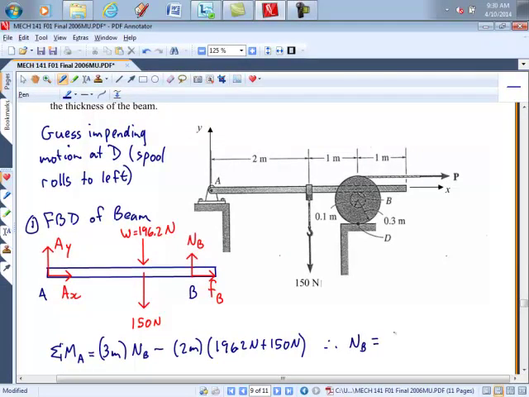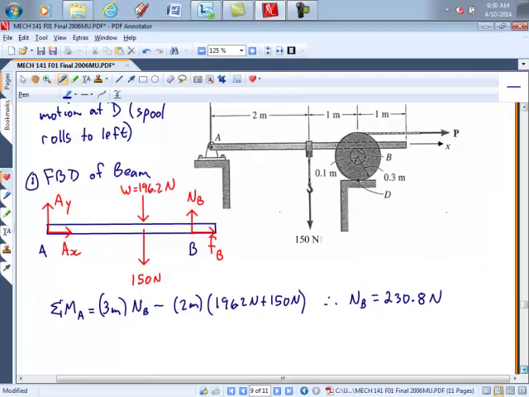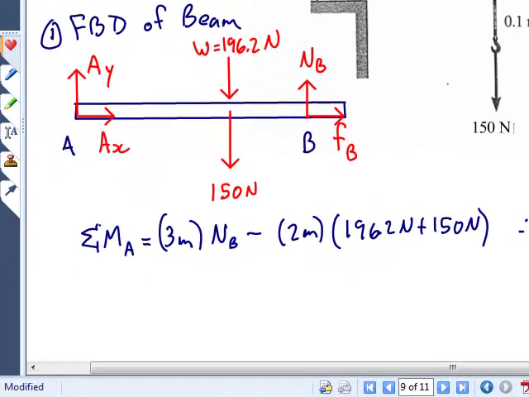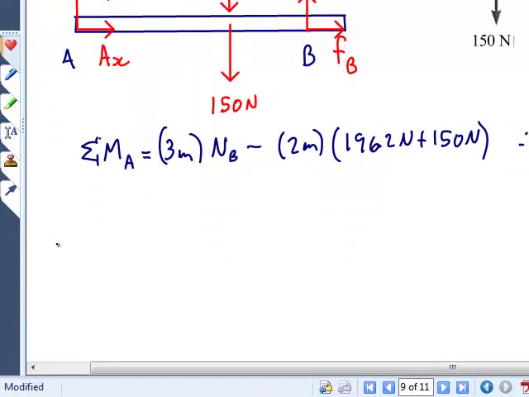So I should be able to calculate NB from that. 230.8, that's what I've got, 230.8 newtons. And I could figure out AX and AY, but I don't really need those because really we're dealing with the spool here. So we'll go on from that to the free body diagram of the spool.